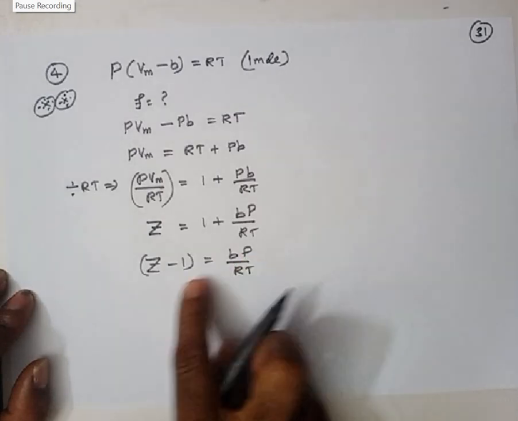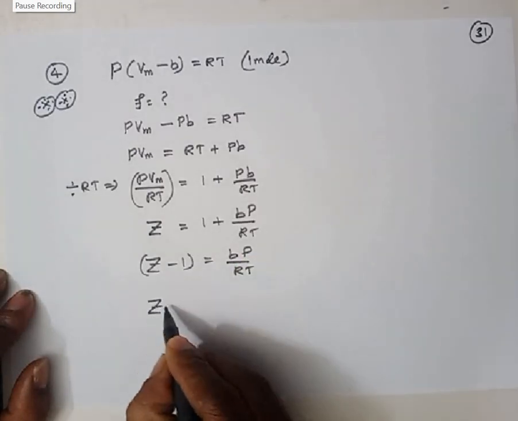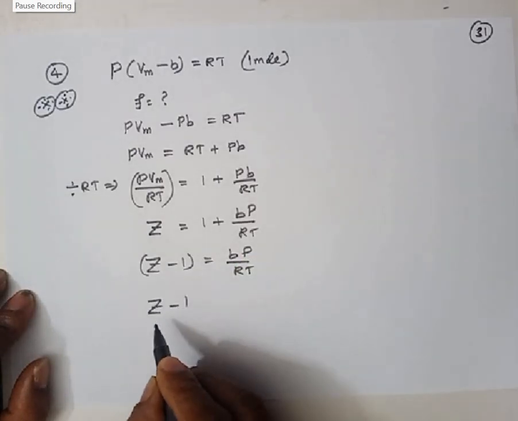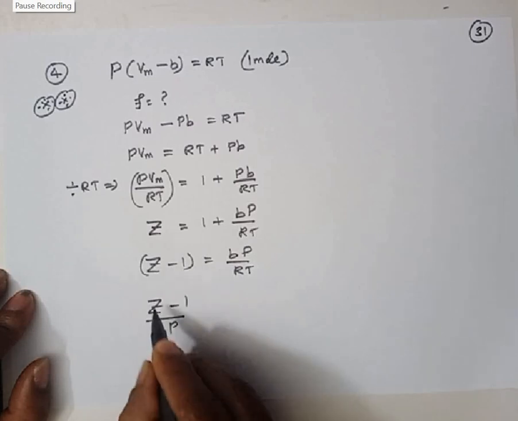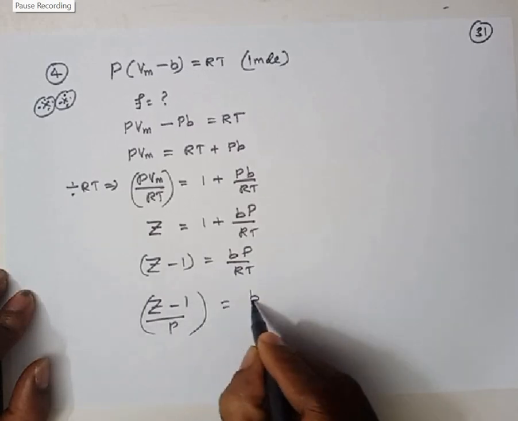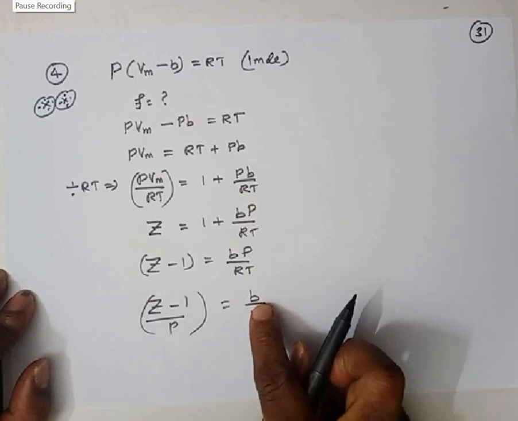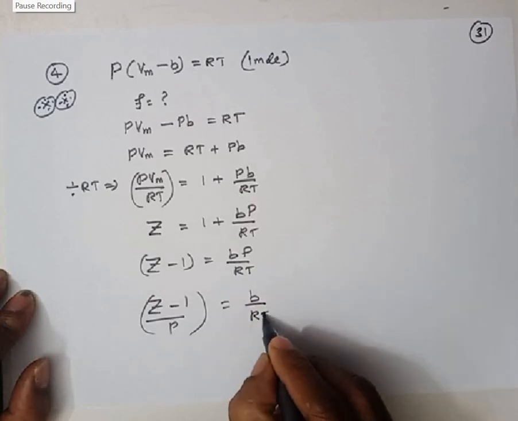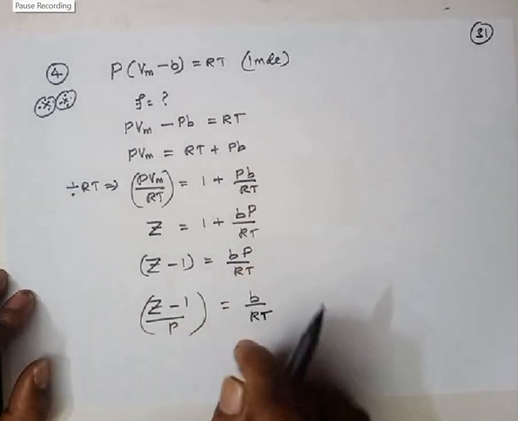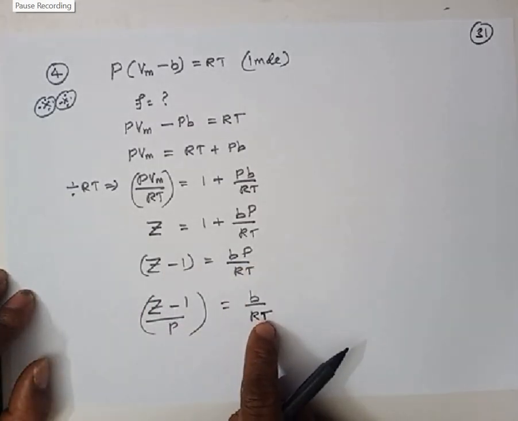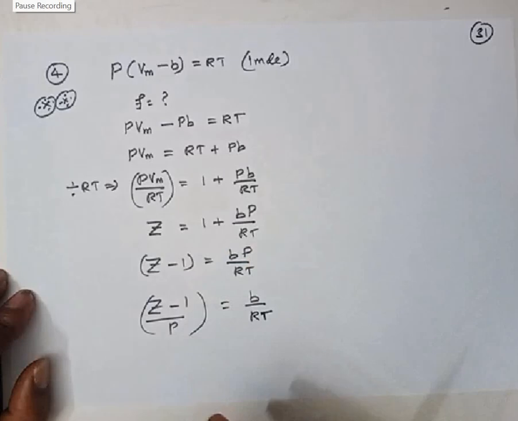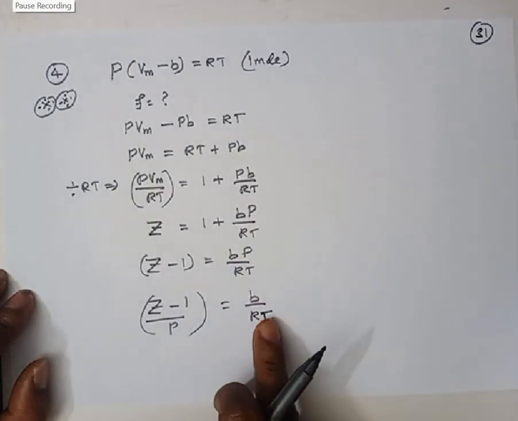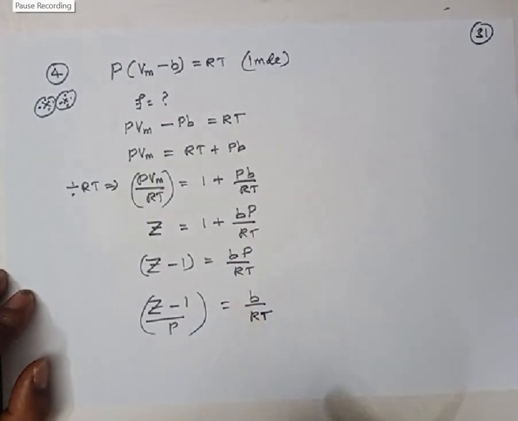Bring this pressure also to the left hand side, so compressibility factor minus 1, by P, is equal to B by RT. Here B is a van der Waals constant, R is the gas constant, and you know very well that in fugacity measurement we are changing only the pressure. Temperature remains constant. So all these quantities are constant now.